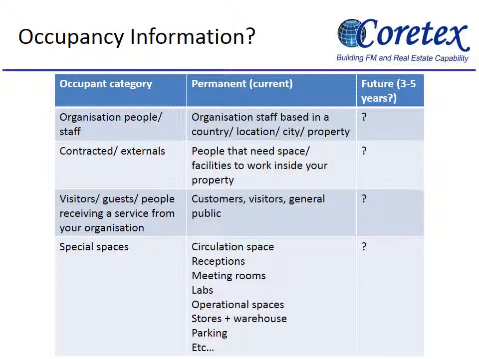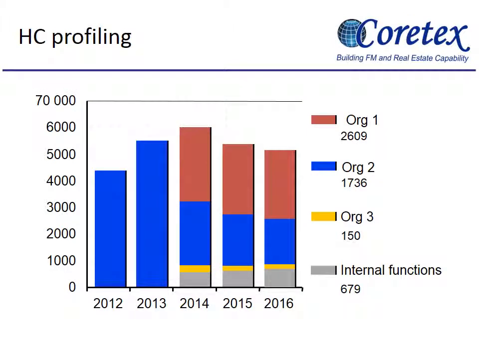And then you want to work and talk with them and say, from their perspective, in their stakeholder engagements within the organisations and their specialist knowledge, what does the future look like, again, currently 3 years, 5 years time, etc. And you want to be looking at all this information because you're going to be doing a lot of headcount profiling, which might look something like this, if you're looking at numbers in the organisation, what parts of the organisation against future, against time, years we've got at the bottom there.